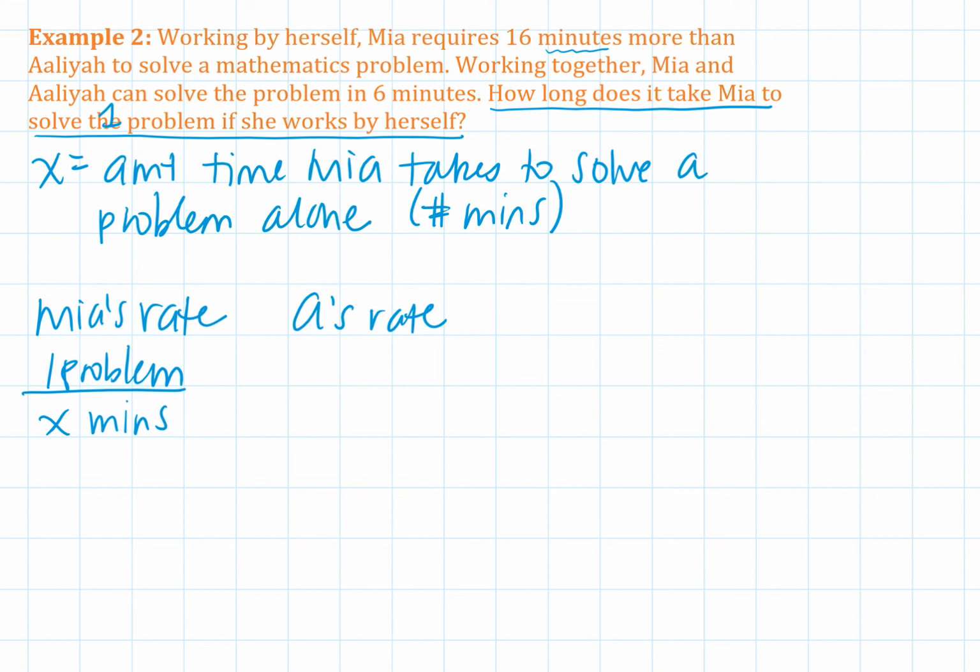Working by herself, Mia requires 16 minutes more than Aaliyah. So Mia takes more time, so Aaliyah takes less time. In fact, Aaliyah takes 16 minutes less, so she can accomplish the task in x minus 16 minutes to solve, again meaning one math problem.